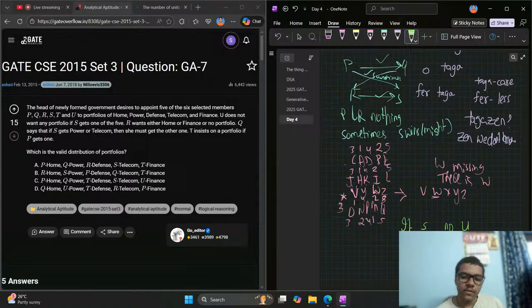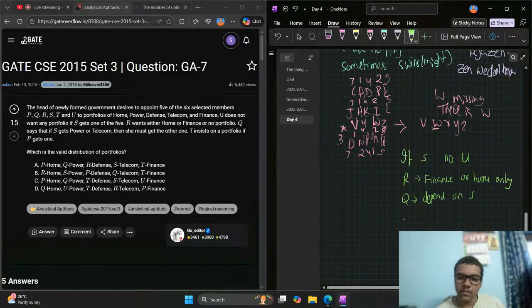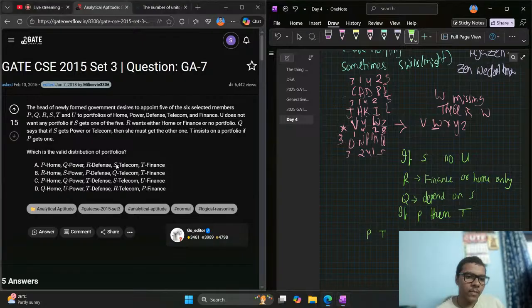T insists on a portfolio if P gets one. If P, then T. If P is given home, then T should be given home, that is satisfied. Q and S. Q got power, then S should have telecom.